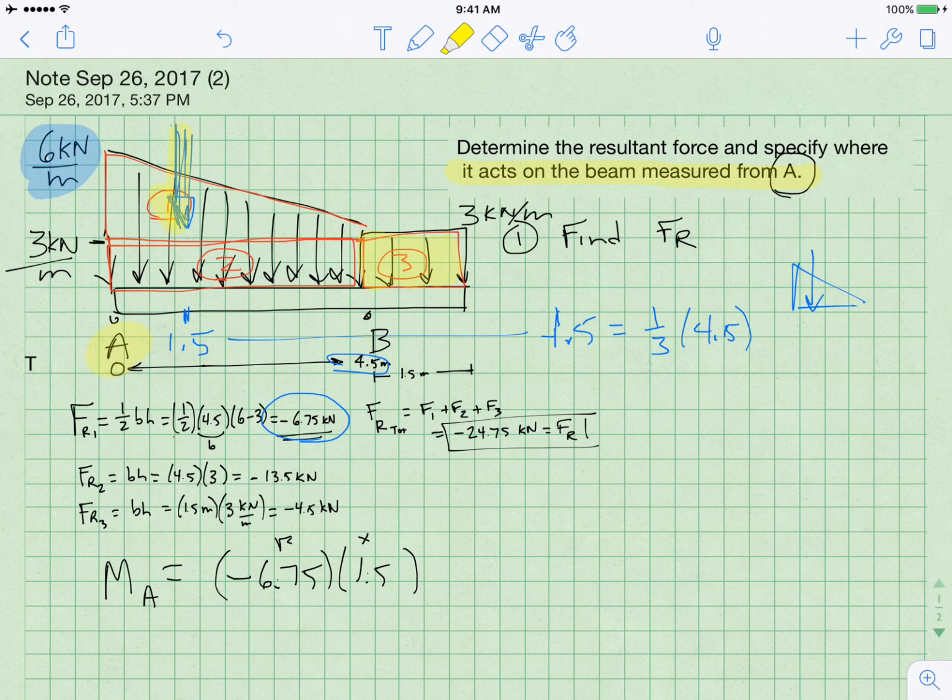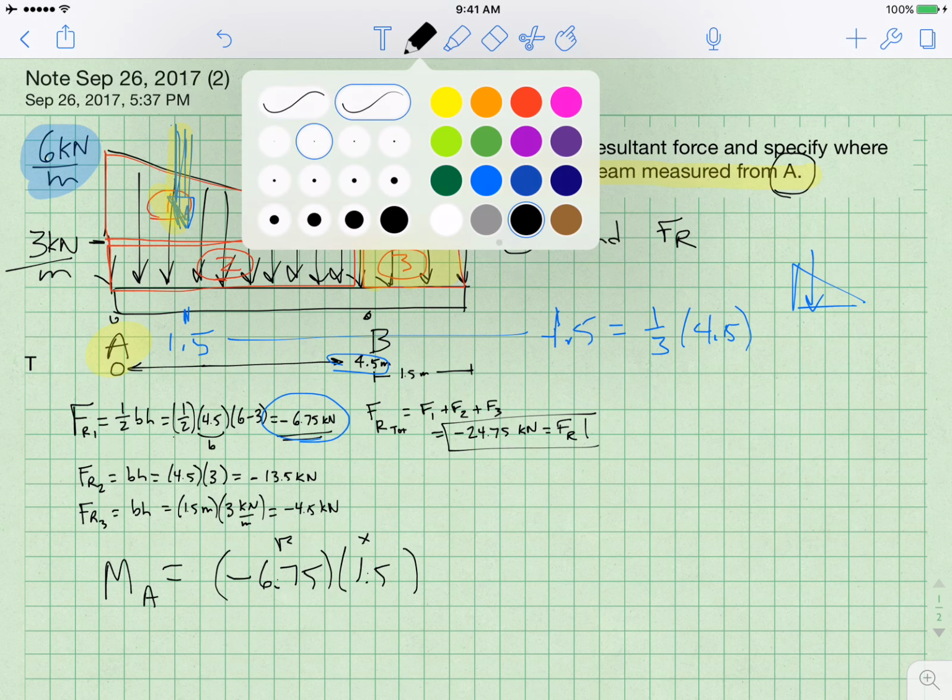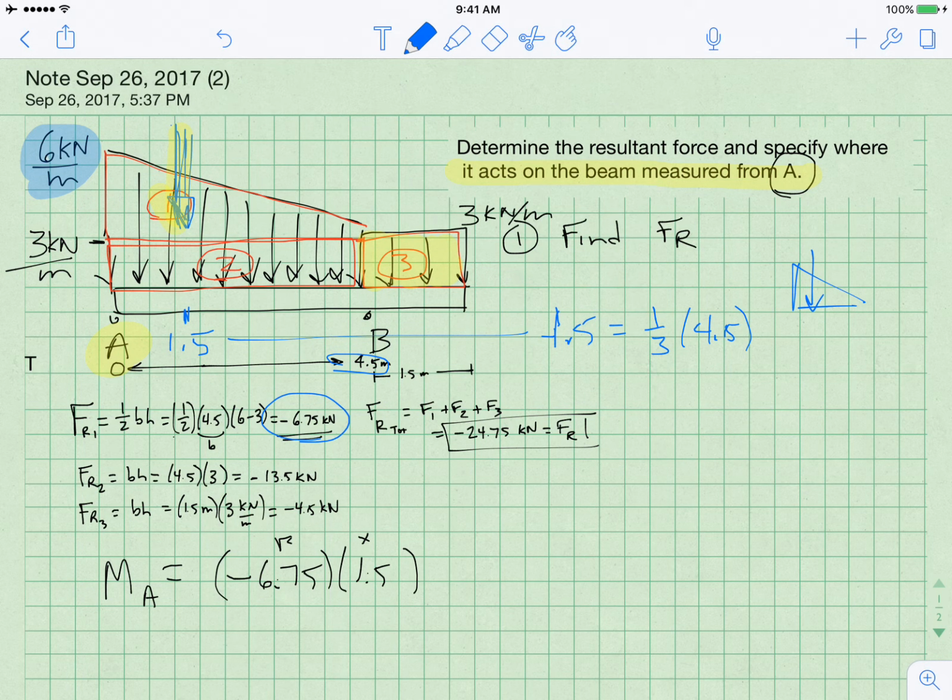What would be its rotation relative to A? And the answer is that if things were allowed to move, this force would cause a clockwise motion around A, which means that it is negative. And so I've already got a negative sign in there, and I'm going to leave it there because it is indeed negative.